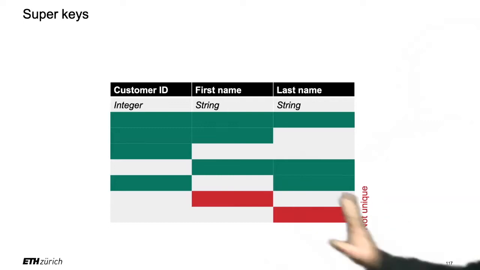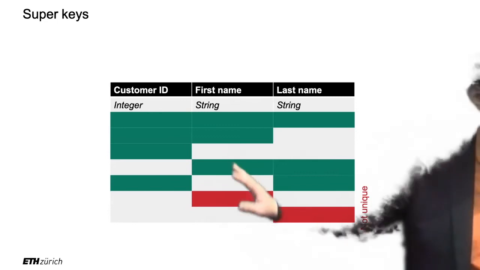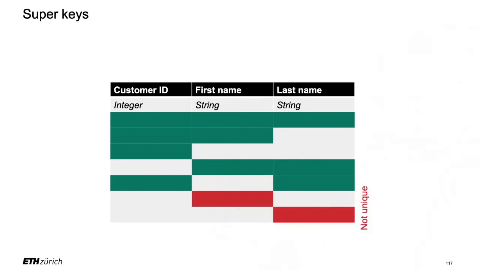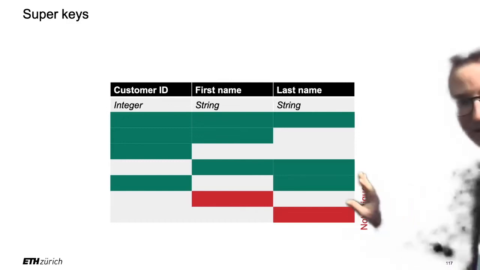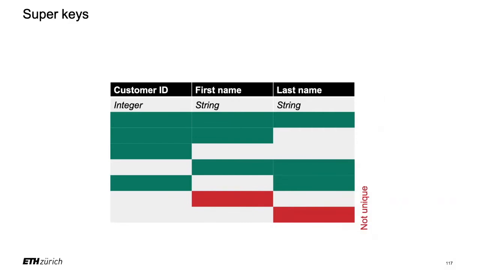The first name alone, probably not a super key, right? First name alone, no. There's plenty of people with the same first name, and the same for the last name. People in the same family have the same last name. So this is why I put here, not unique, right? These are not super keys.